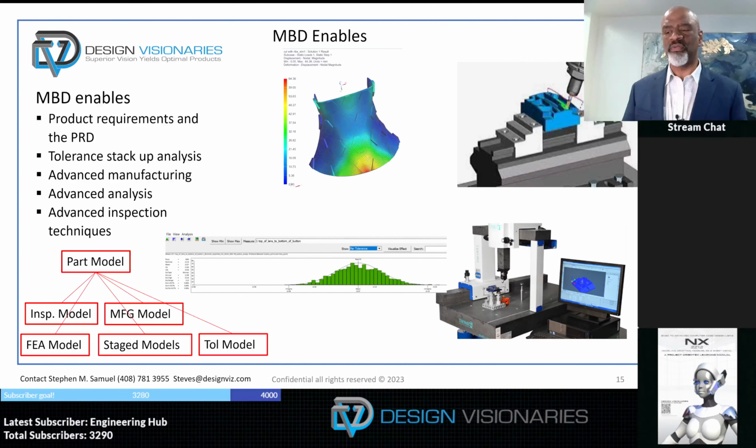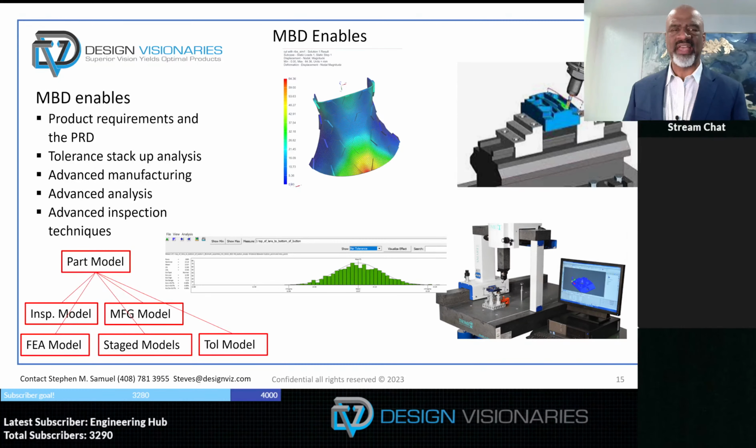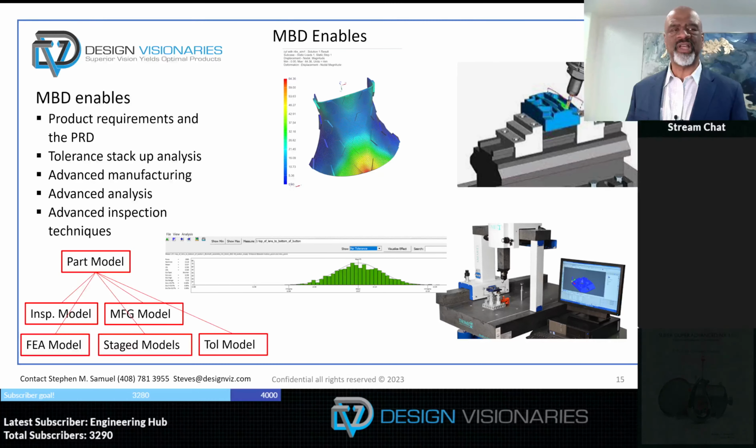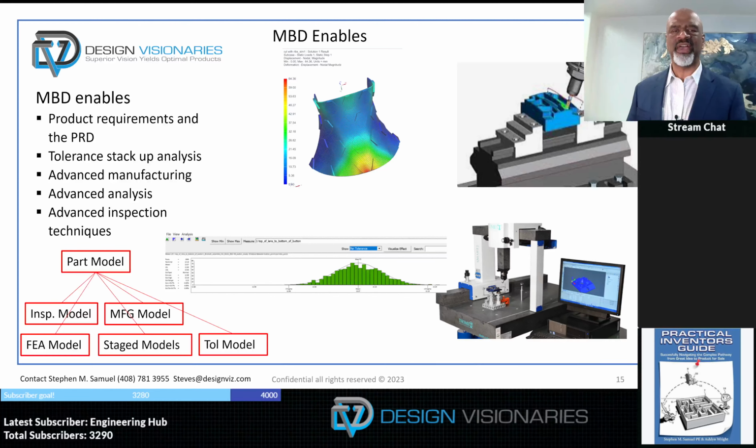And in order to avoid that, what we definitely want to do is make sure that we've done as much analysis as we can. This can be finite element analysis, tolerance stackup analysis, CMM analysis, or CMM simulation. A lot of simulations and analyses are now available because we have models that are more robust and have more information in them.